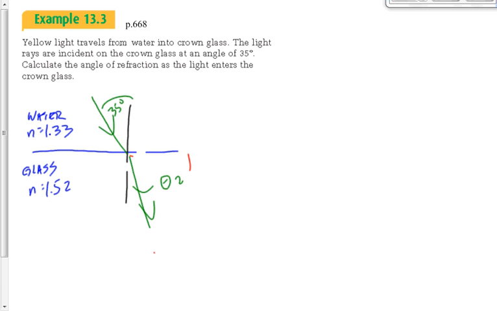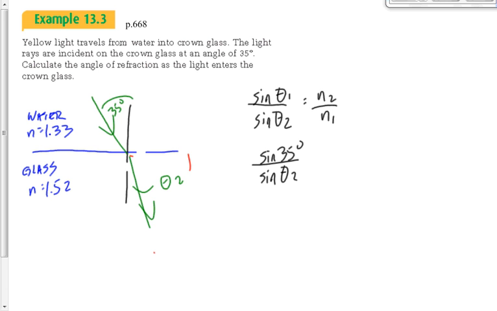So what do we got here? Well, we got Snell's law: sine theta 1 over sine theta 2 equals v1 over v2 equals lambda 1 over lambda 2 equals n2 over n1. Sine 35 degrees over sine theta 2 equals n2, 1.52, over n1, 1.33.